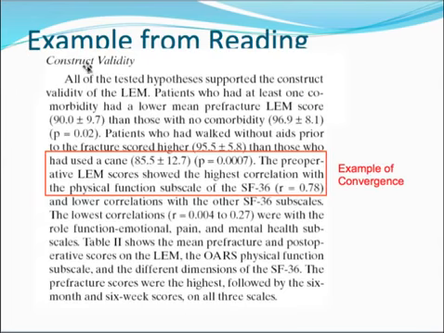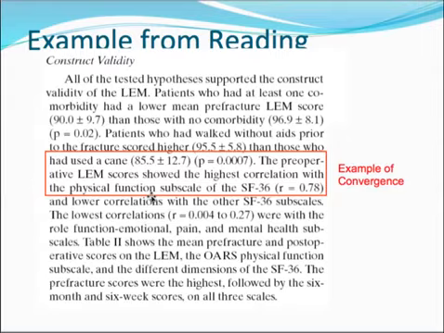Okay, so here's an example where they looked at the LEM and they correlated it to the SF-36. So the LEM has a slightly different construct in that it's trying to measure physical function unrelated to health, but the SF-36 is also measuring physical function specific to health.